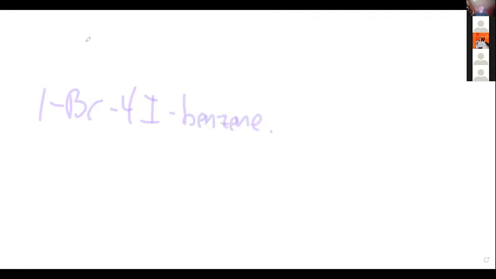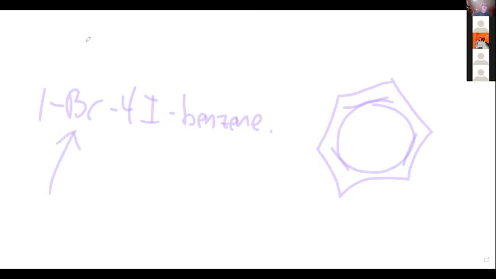Right. So for just the bare bones skeletal, we just go 1, 2, 3, 4, 5, 6. And you can either put the double bonds in there or you can just put a circle in there. Either one is correct. 1-bromo-4-iodo. So that means we're going to have a bromine at the 1 position, and it doesn't matter which one you pick as the 1 position.